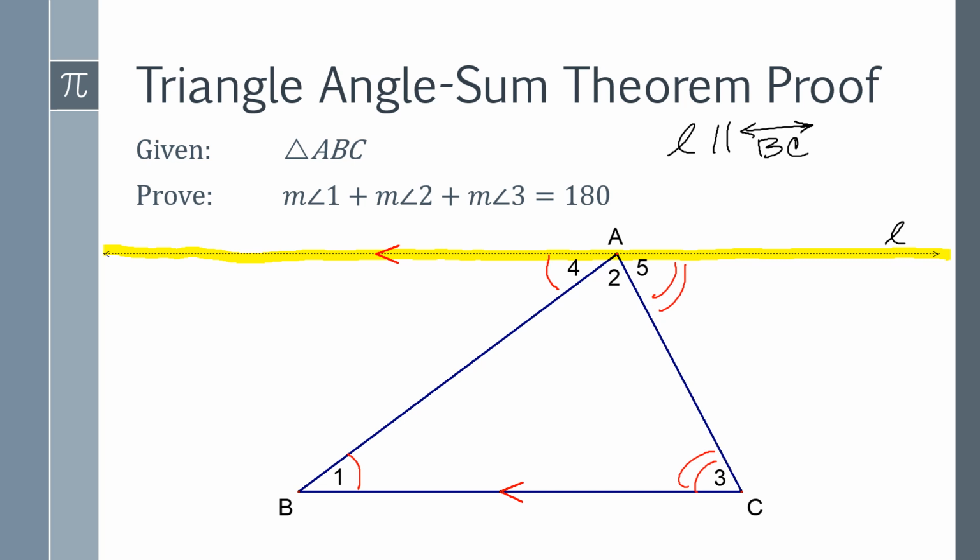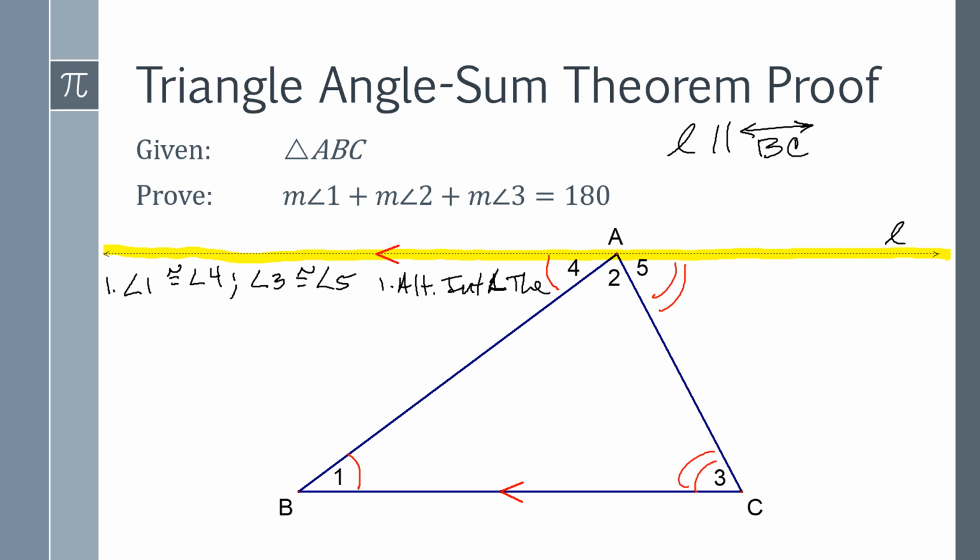So we're going to state that, right? We're going to say that angle 1 is congruent to angle 4, and angle 3 is congruent to angle 5, and that was by the alternate interior angle theorem, right?